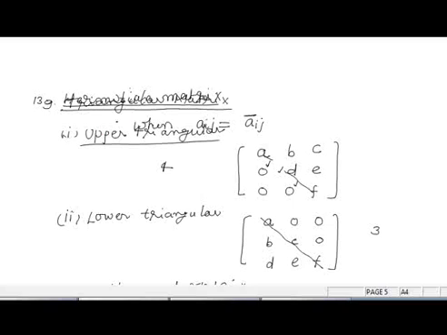In other words, it can be written as A theta is equal to A, and we have already seen the meaning of A theta, which means A bar transpose. If this will be equal to A, then the matrix is called the Hermitian matrix.